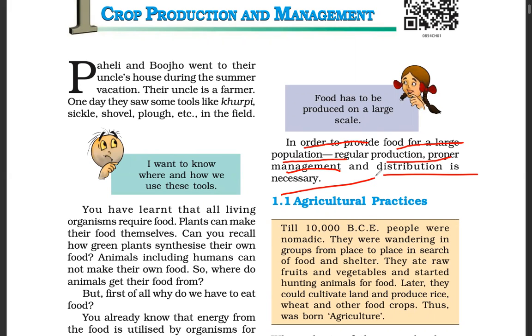Our India is so vast that we require a lot of food so that everyone can eat a little food, right? Everyone requires that. So guys, how it is done, we are going to read in the following paragraphs. These things are going to come in the next paragraphs, so we have to read further for that.